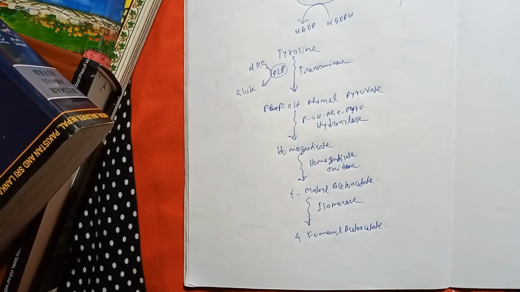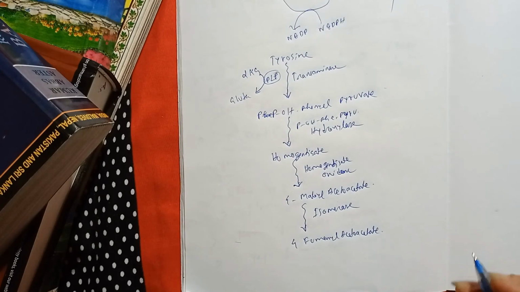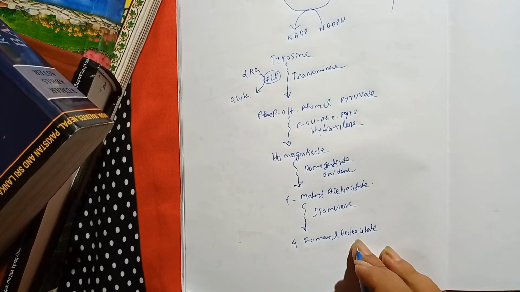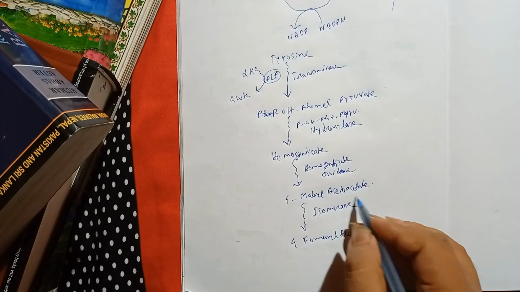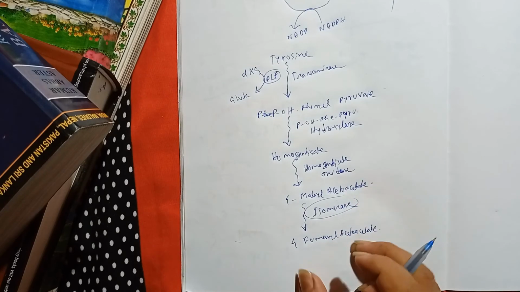Okay guys, now you have to know this enzyme here. The isomerase enzyme will form 4-fumarylacetoacetate from 4-maleylacetoacetate.